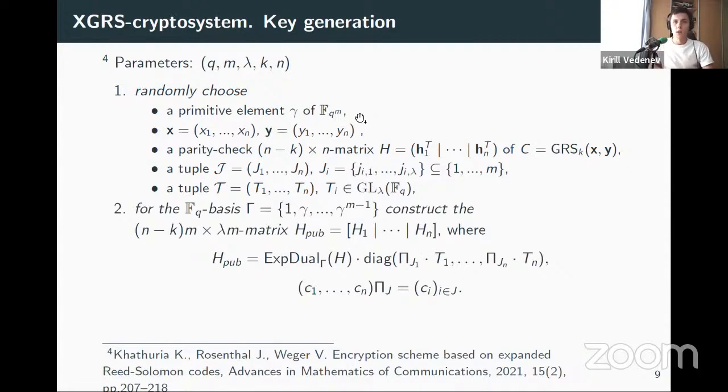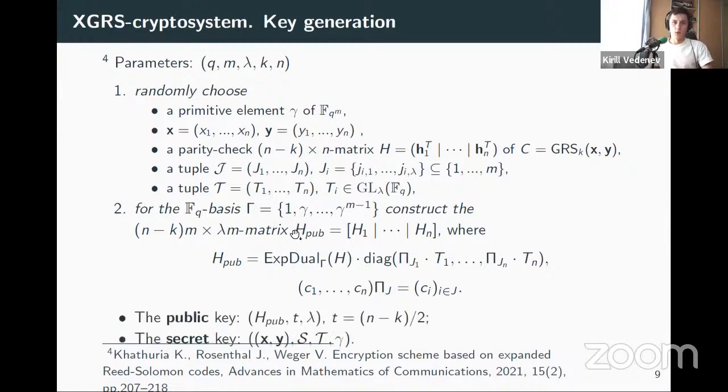And the public key is generated as follows. We take the matrix of the subfield image of the code C, and multiply this matrix by a block diagonal matrix. So the public key is defined as follows, and the secret key is also on the slide.